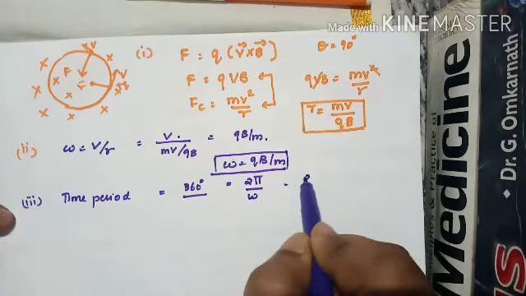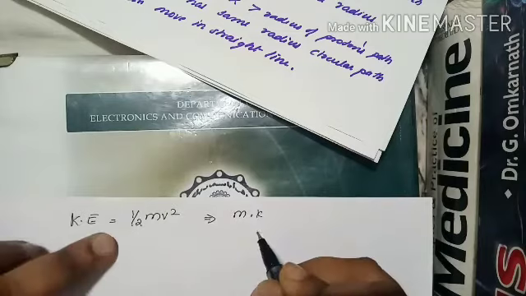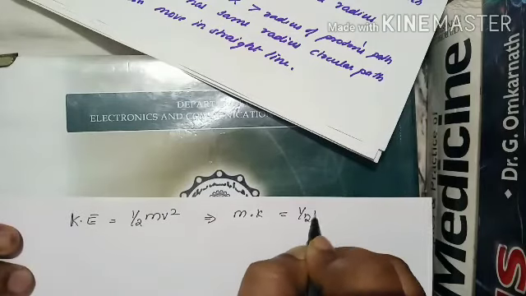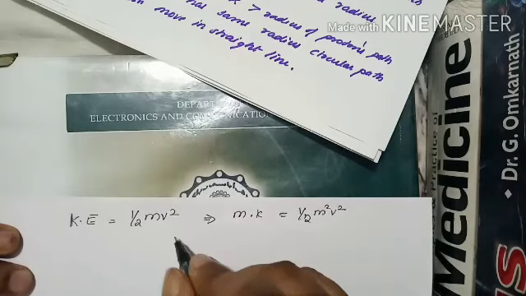So what is the basic equation for kinetic energy, guys? Kinetic energy is equal to half mv square, right? Now suppose I'm going to multiply m on both sides, so it becomes m into K. In place of kinetic energy K, it becomes half m squared v square, right?